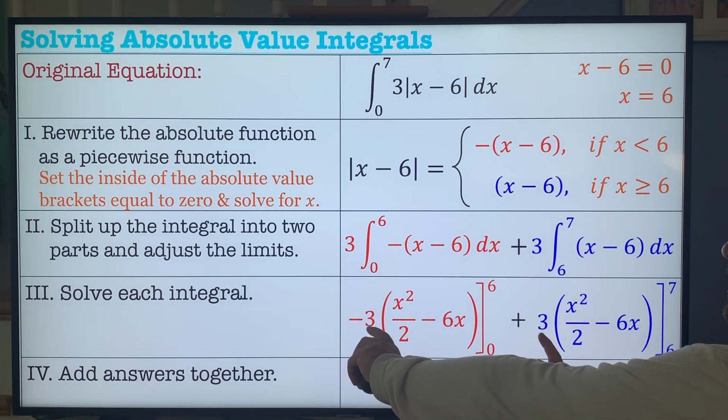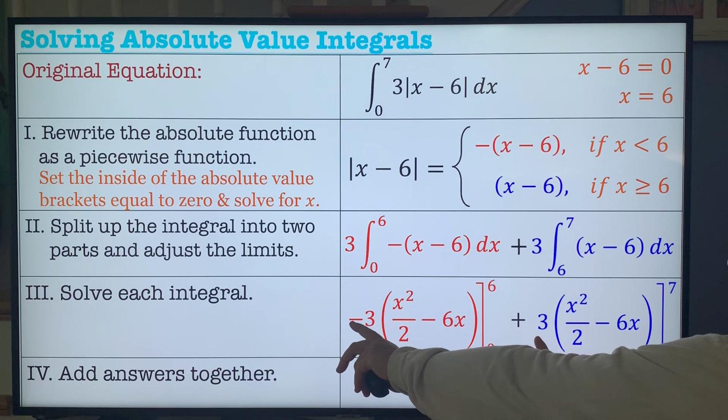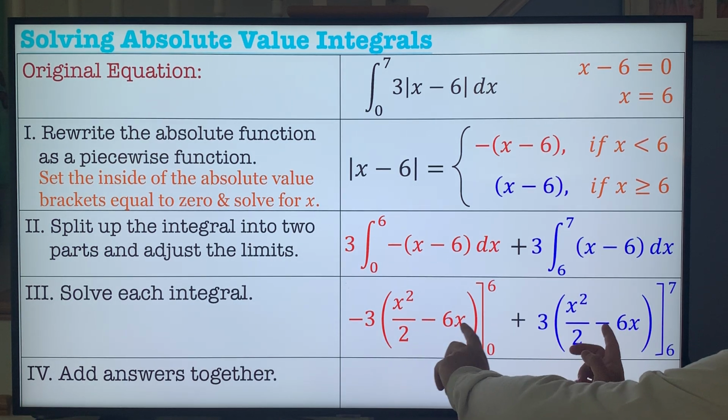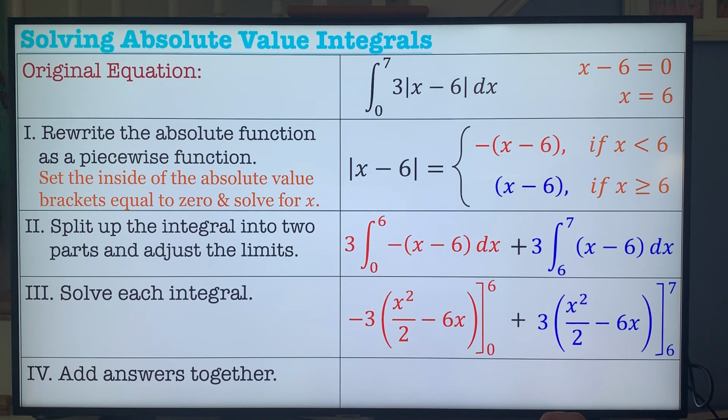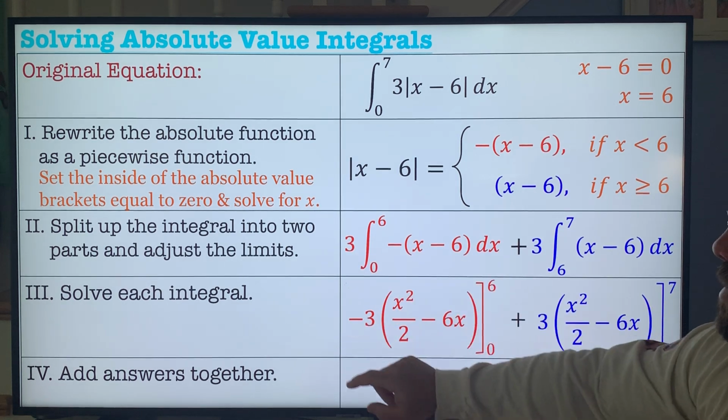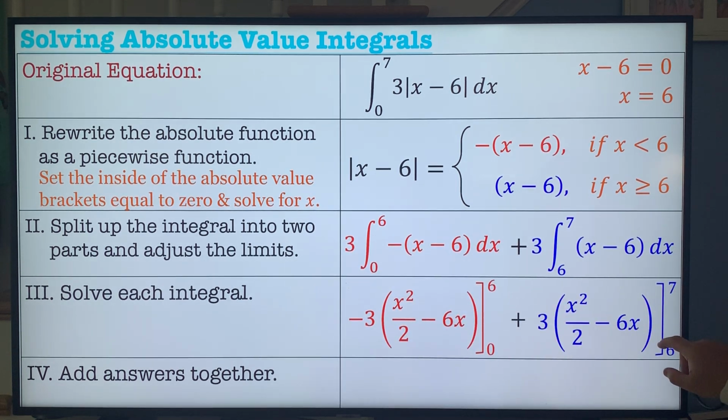Now you notice the only difference here is this has a negative out front, and this doesn't. The integrals right here are the same. I mean the integration. So now what you do is, you follow me? Integrate this, integrate this. The only difference is this negative sign out front. But this is from 0 to 6, this is 6 to 7. And 0 to 6 plus 6 to 7 would be 0 to 7.